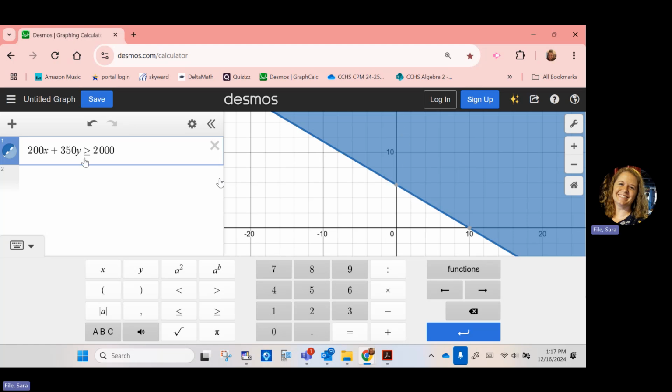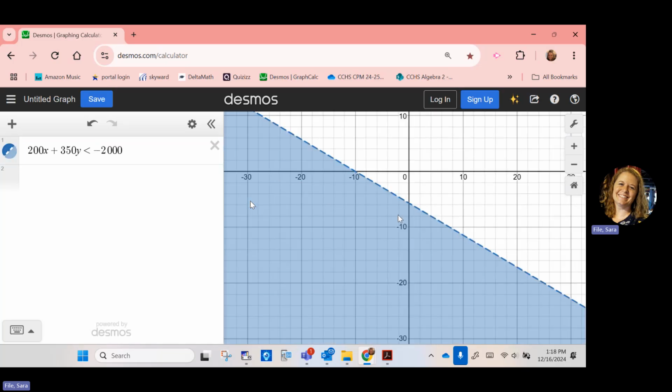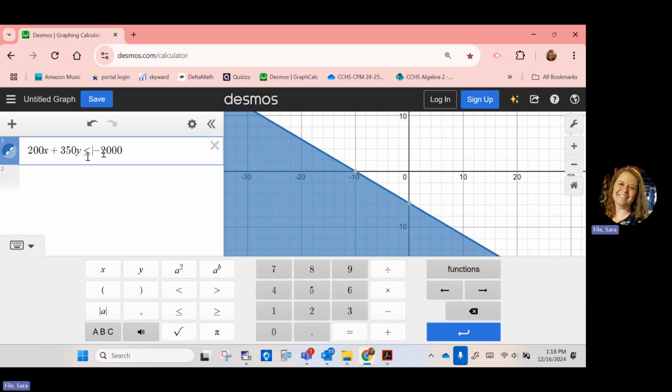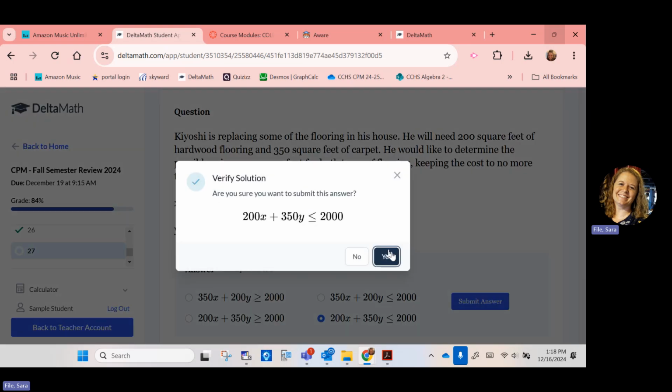That's not what they wanted. So then you could change it and say less than or equal, and you can see the shading is below. So if you forget the greater than or less than symbols, look and get a visual and you can see, oh, it's shaded below, that's less than, or oh, it's shaded above, that's greater than. They want the cost to be up to 2,000, no more. So less than or up to 2,000.